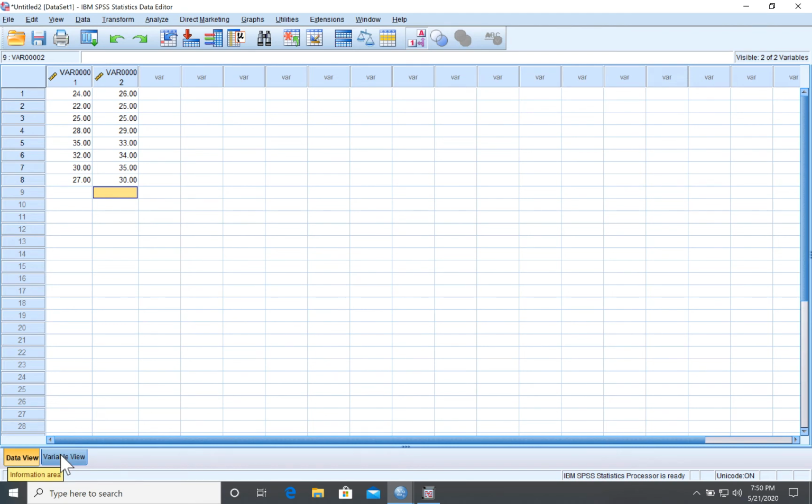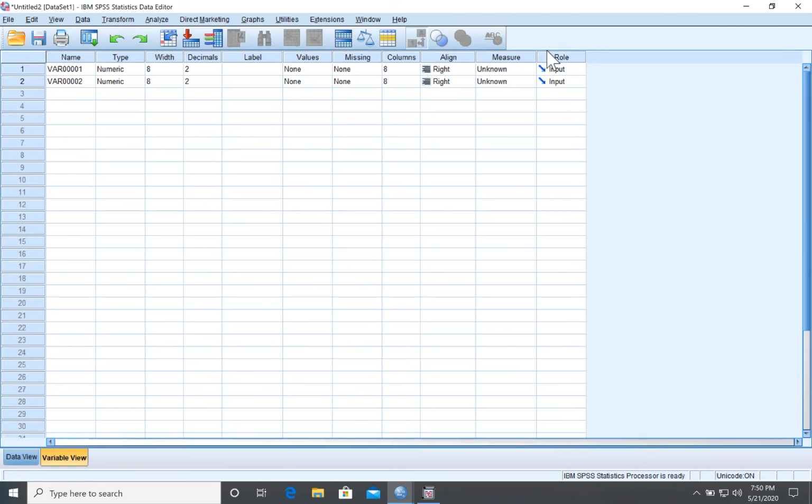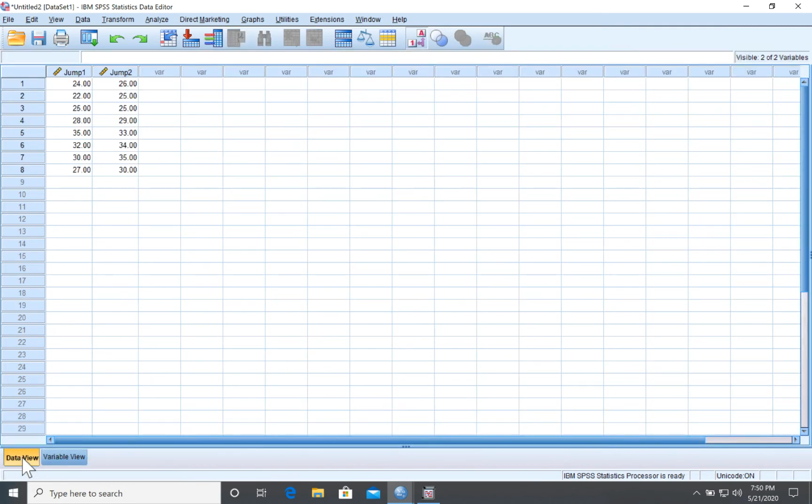Okay, so let's go to variable view. Both of these will be on scale level. This one we can call jump 1, and this one we will call jump 2. You can call them before and after as well, if you choose to. All right, we have our groups labeled.